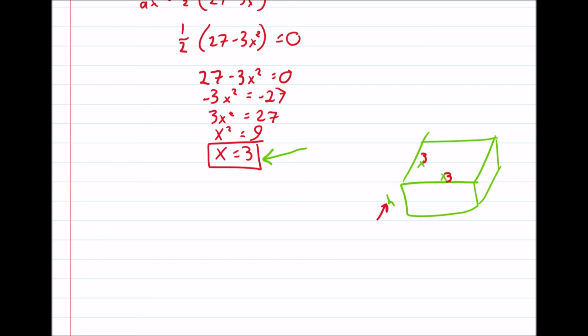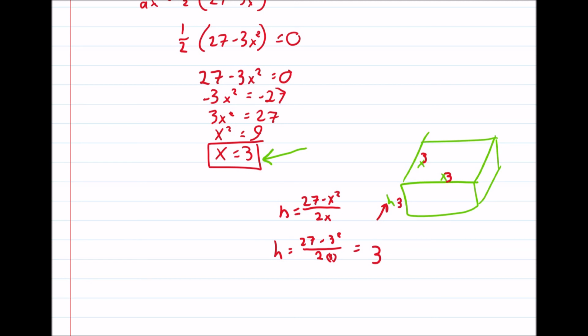But looking back, I knew that h in terms of x was h equals 27 minus x squared over 2x. So I'll be able to find out what h is now by putting in 3 for x. And if I work all that out, I will get 3. So h is also 3.